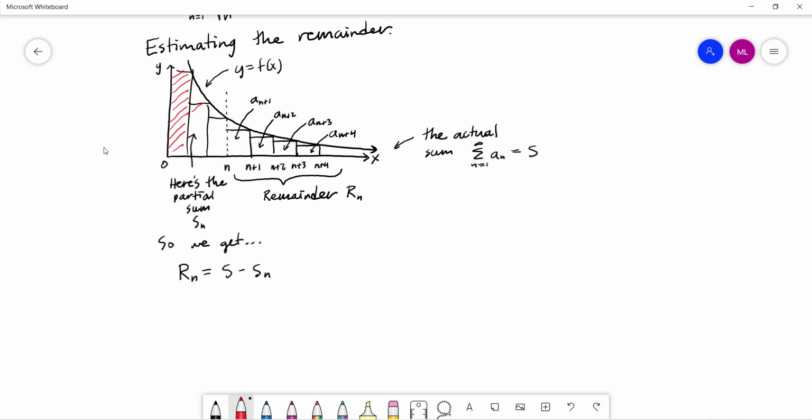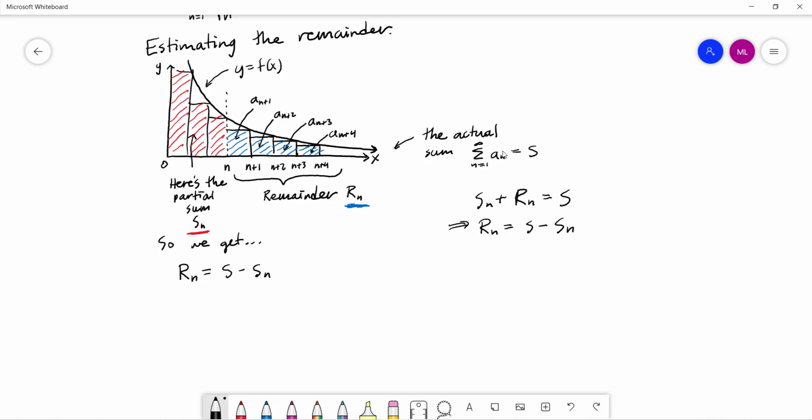One way to think about it is if you sum up all the red ones, that is this term, with all of these, and again, I apologize if anybody's colorblind. Here's all the blue terms, that is this one. You would get that S sub n plus R sub n must add up to the total S. And I've just rearranged this by subtracting S sub n from both sides to get R sub n equals S minus S sub n. And so that's what we've got right here.